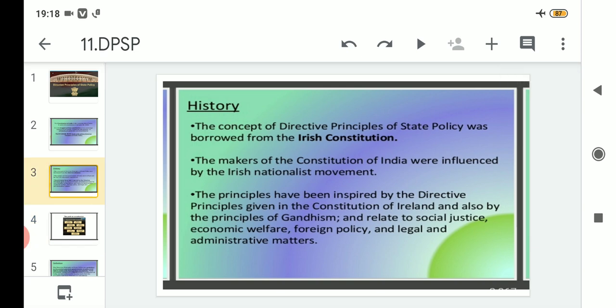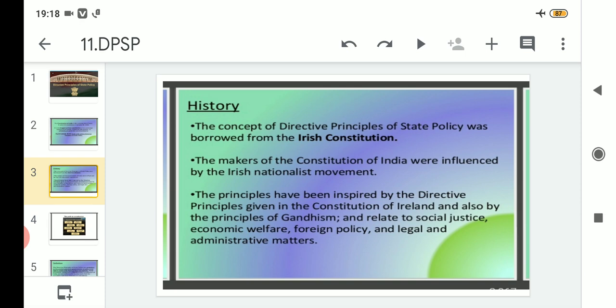So regarding that, we have learned that the DPSP, also called Directive Principles of State Policy, was taken from the Irish Constitution. And why was it actually included? For several points that can lead to the welfare and development of society as well as people.